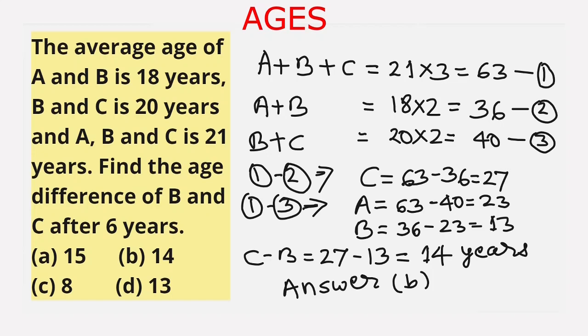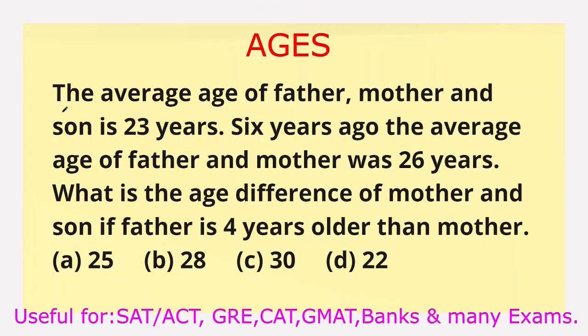We go to the next question. Our question is, the average age of father, mother and son is 23 years. 6 years ago, the average age of father and mother was 26 years.